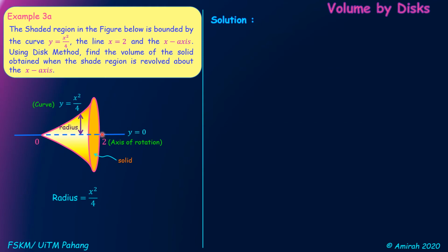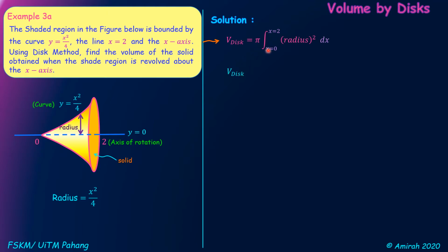From the previous slide, after revolving about the x-axis, we get this solid object. We can use this method when we get a solid object after the rotation. We also found the radius equals x squared over 4, so we can set up the volume by this formula.